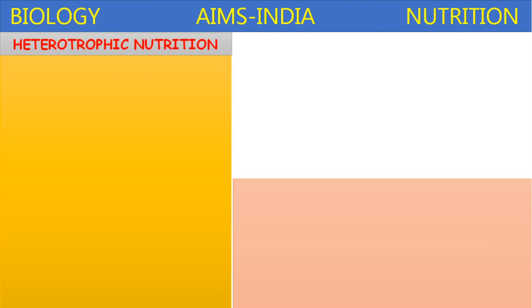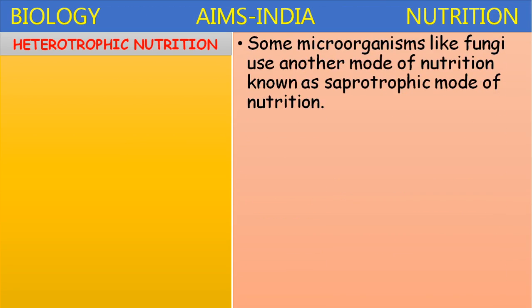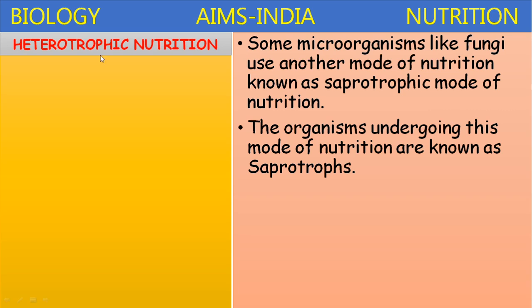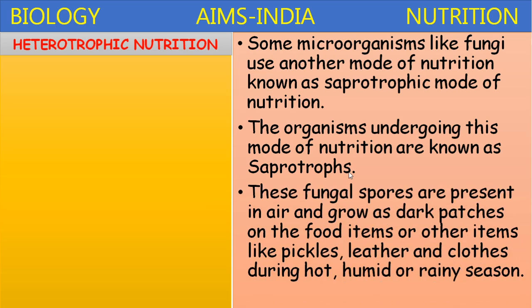Next, in the end of heterotrophic nutrition, let us study saprotrophic nutrition. Some microorganisms like fungi use another mode of nutrition known as the saprotrophic mode of nutrition. The organisms are called saprotrophs.